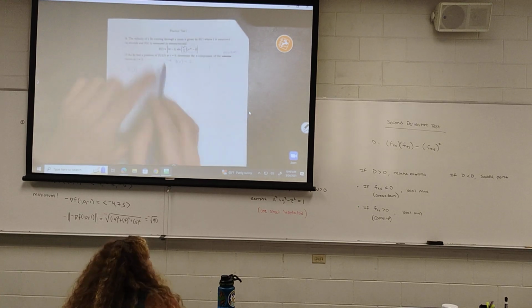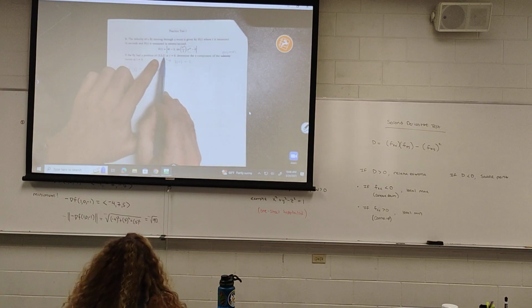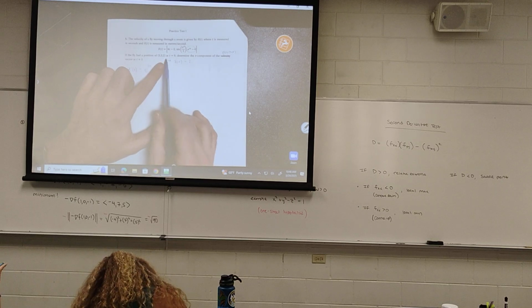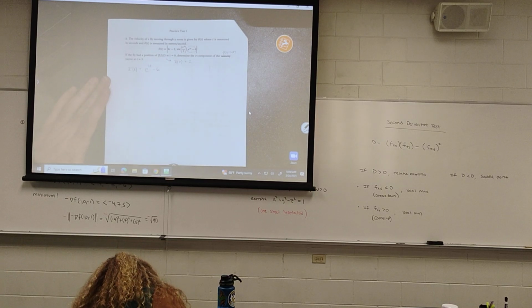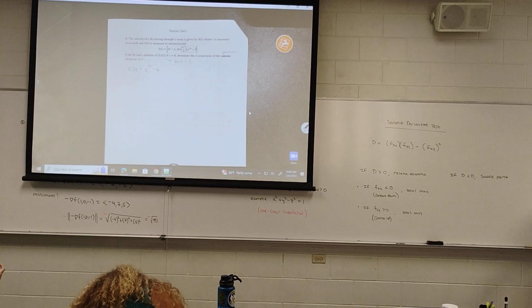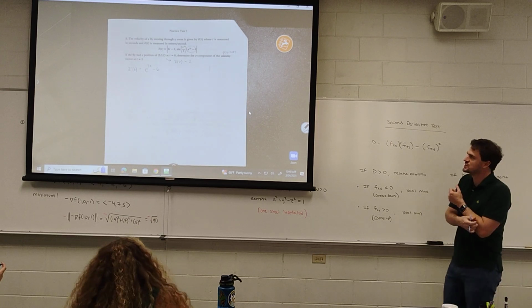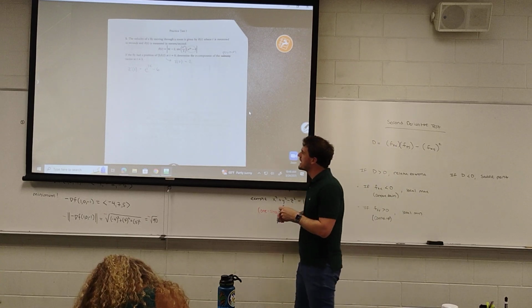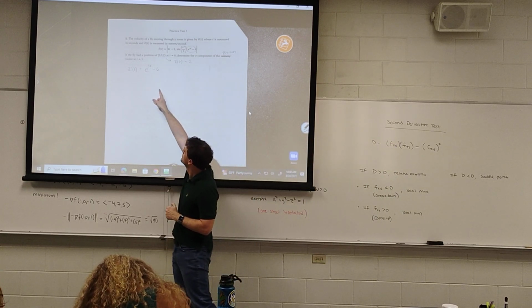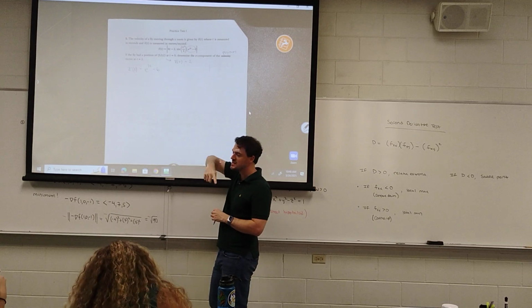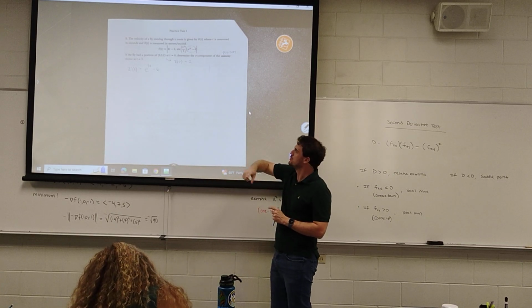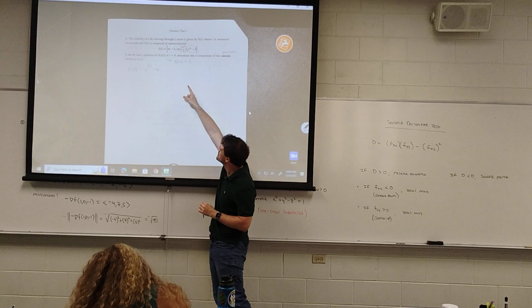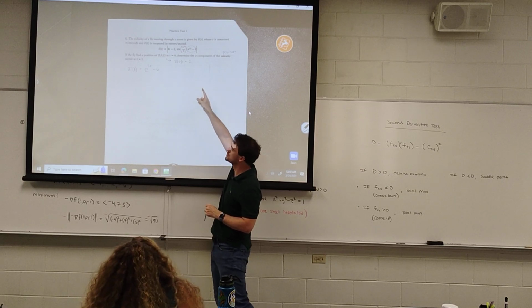While it feels like a lot, it's only asking for the z component. It's saying the z component at t equals 0 is 2. So you're going to take the antiderivative, and you're going to get a plus c. You know that when you plug in 0 for t, you should get 2 back.